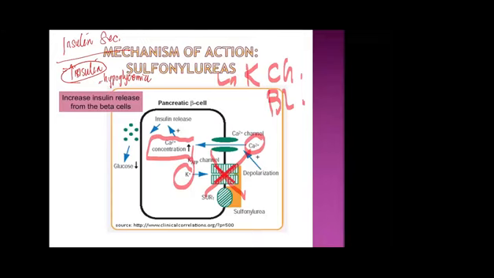So when there is exocytosis of insulin, you have secreted insulin. Okay, you secreted it. So there is more insulin responsible for glucose uptake, lowering blood glucose, resulting in hypoglycemia. That's why sulfonylureas are hypoglycemic agents. Did you get the MOA? Okay, they are potassium channel blockers.